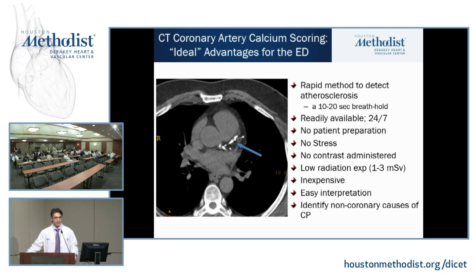So 0 is normal. 1 to 10 is minimal. 10 to 100 is mild, 100 to 400 is moderate, and greater than 400 is severe. The greater than 400 severe, just like we had shown in our data, these patients have anywhere between a 25 to 40% abnormal SPECT rate. So you can actually detect ischemia on these patients. So the prognostic steps, it's not linear at all.